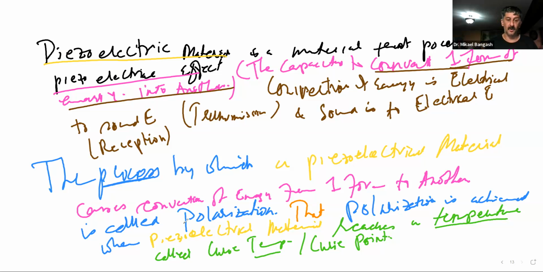That's the process by which a piezoelectrical material is able to create a piezoelectrical effect. And what's the result of a piezoelectrical effect? That the energy is converted from one form of energy into another.